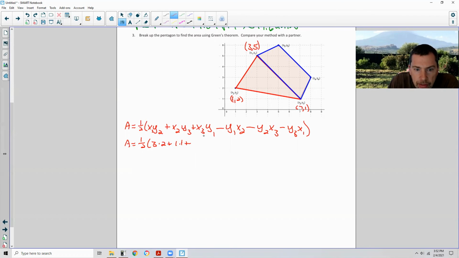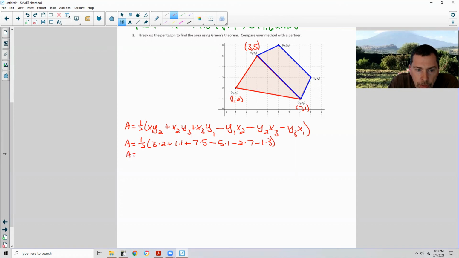Plus x sub 3, y sub 1. X sub 3 is 7 times y sub 1, which is 5, minus y sub 1, 5, times x sub 2, 1, minus y sub 2, 2, times x sub 3, 7, minus y sub 3, which is 1, times x sub 1, which is 3. So I should have 1, 2, 3, 4, 5, 6 products.